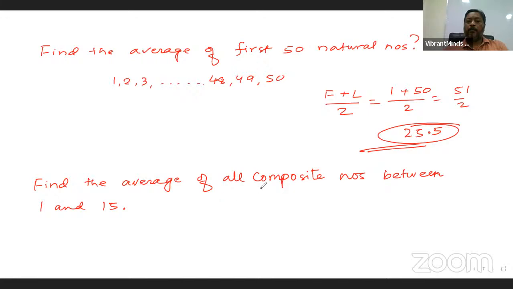Now see, what is a composite number? A composite number must have more than two divisors, isn't it? Your composite numbers will start with 4. It gets divided by 1, 2, and 4, three numbers. The next will be 6, 8, 9, 10, 12, 14.